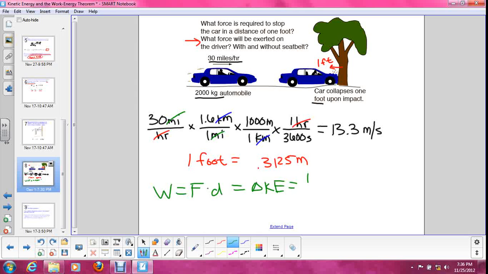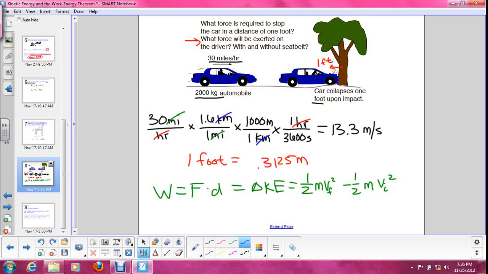And if we write that out, that's 1/2 mass velocity final squared minus 1/2 mass velocity initial squared. Right? Because a change is final minus initial. And we are going to assume that the mass of this car doesn't change. None of the bits are falling off. It's just all crunched together.